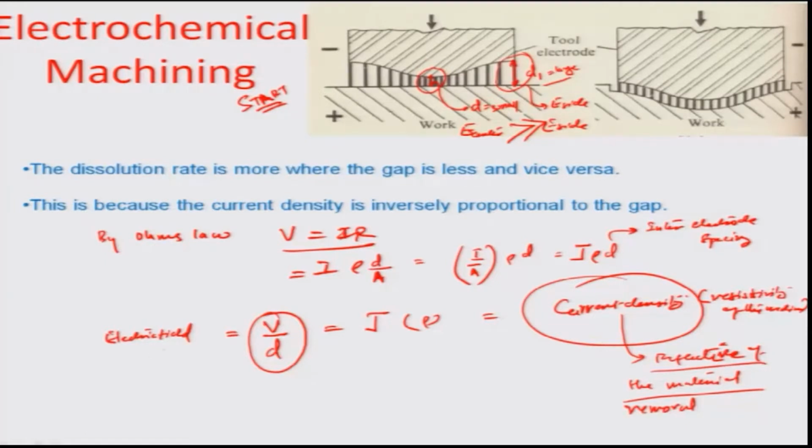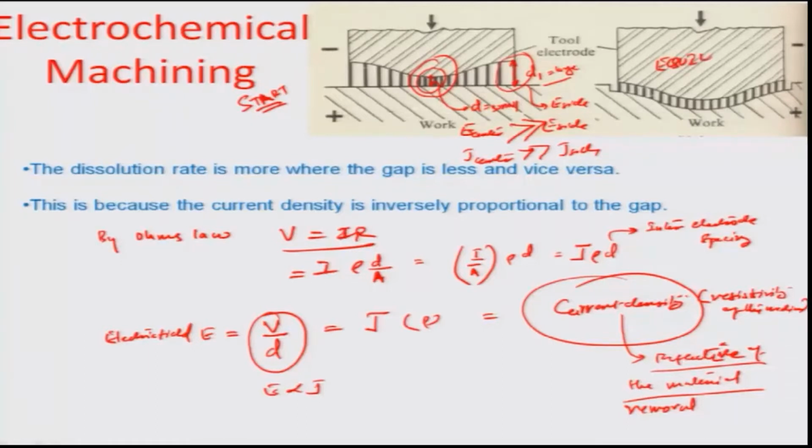As you see here, the electric field E is proportional to the current density. So at the center the current density would be much larger in comparison to that at the side. So therefore the material removal would be much higher at the center in comparison to the side, which is what is visible in this equilibrium case.